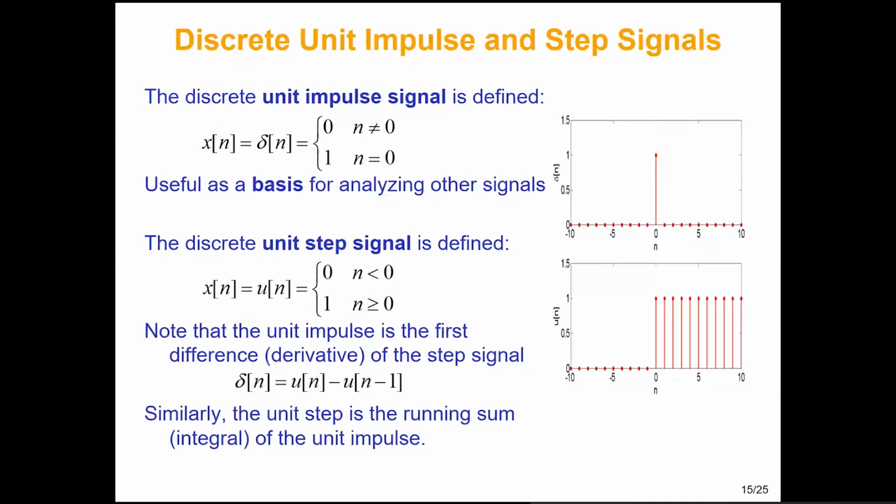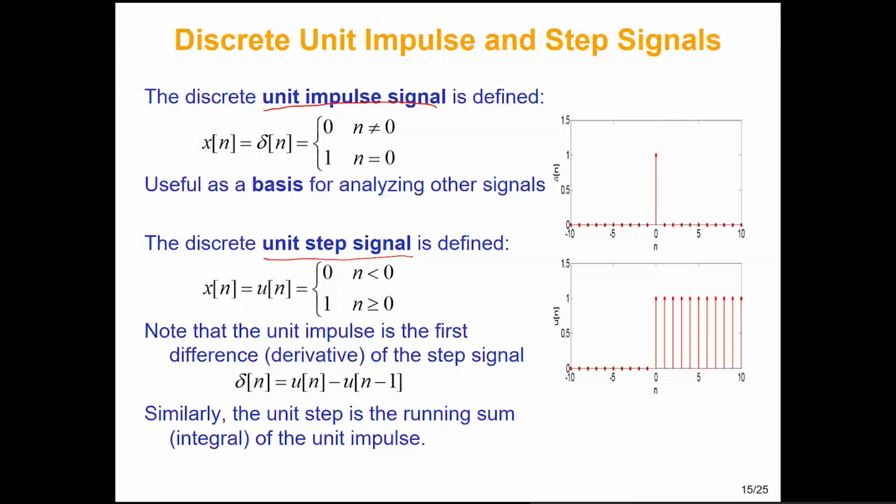Let's first talk about the unit impulse signal, and then we are going to talk about the unit step signal. We covered this earlier also, in the introduction, what a step signal is and what an impulse signal is. Here we are going to go a bit deeper into this.